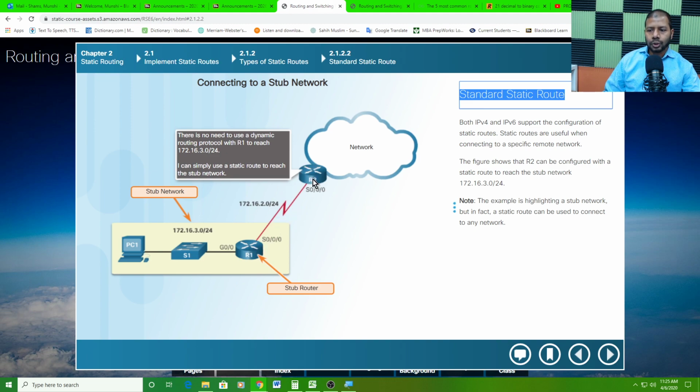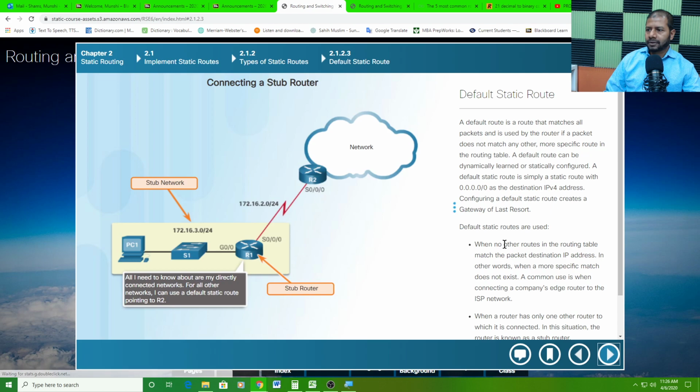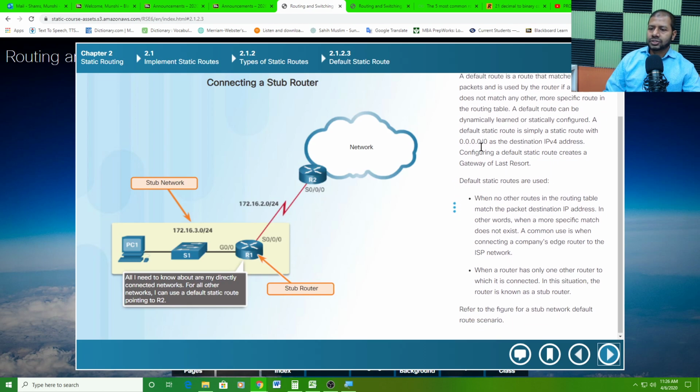So R2 will know that in order to go to 172.16.3.0, R2 has to send data to R1. You can write a static entry. Okay, we'll learn how to do that. We use the ip route command. That's coming.